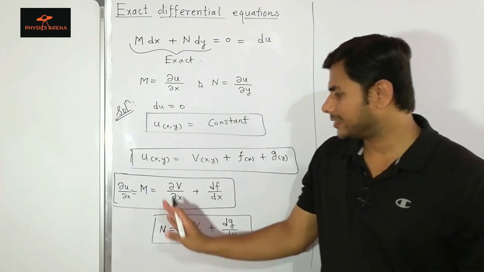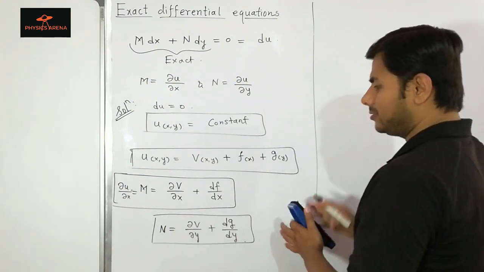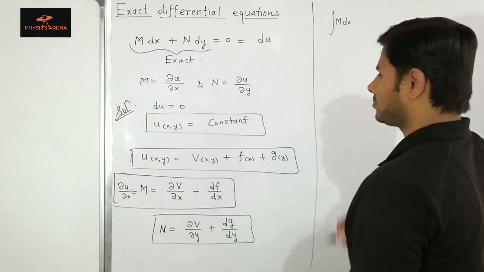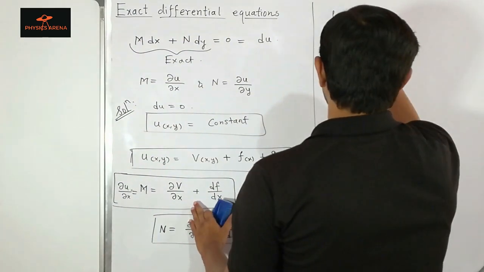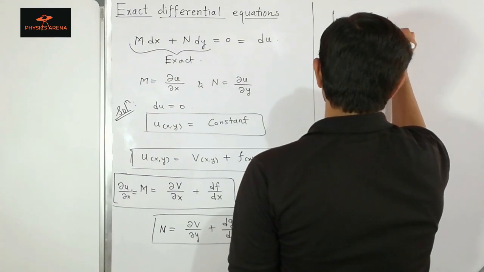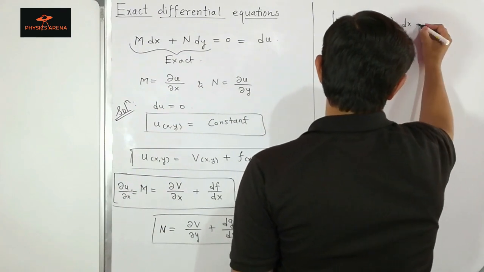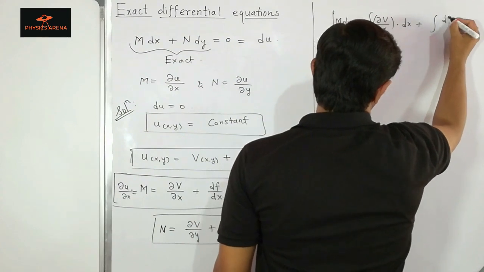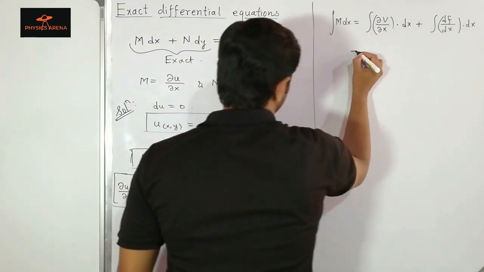Okay, so now let's try to integrate m and let's try to find what we get. So the integration of m dx. From this we get the integral of del v by del x times dx, plus the integral of this term, df by dx multiplied by dx.